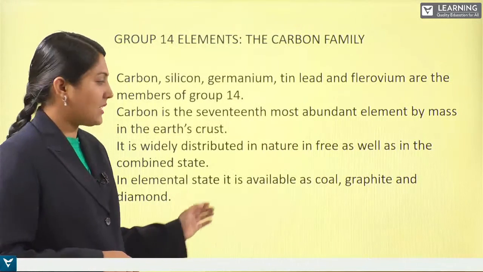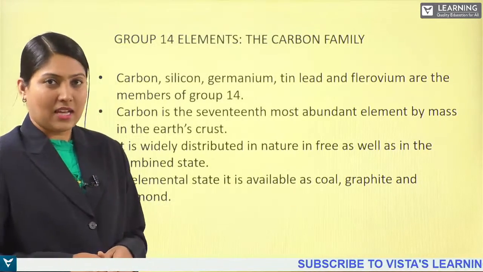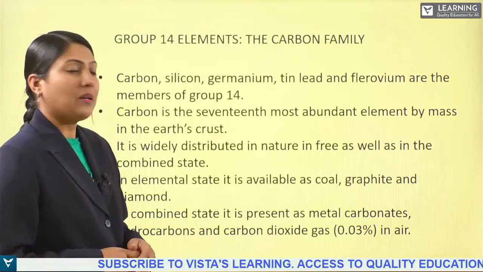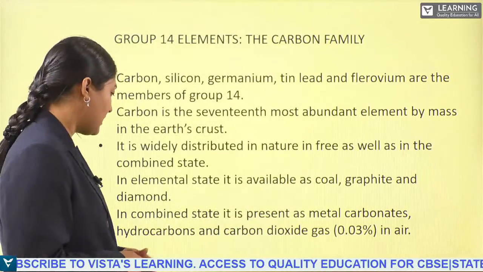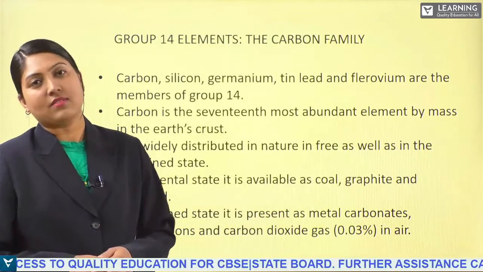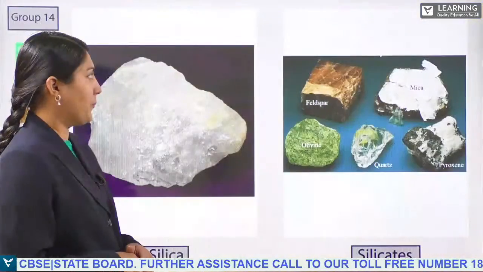In elemental state, it is available as coal, graphite and diamond. In combined state, as I said, we can get many metal carbonates, hydrocarbons and carbon dioxide as a gas. It is present at 0.03% in air.